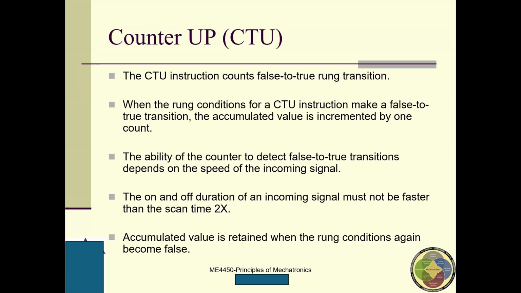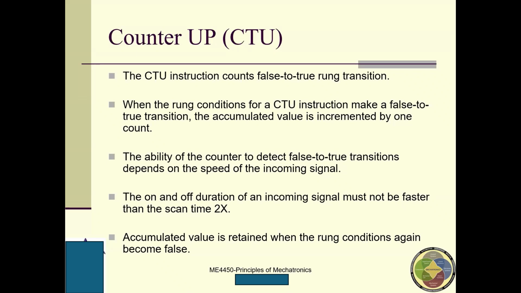The ability of the counter to detect false to true transitions depends on the speed of the incoming signal. It means that if the signal changes very quickly, sometimes you will miss the transitions. You understand that?